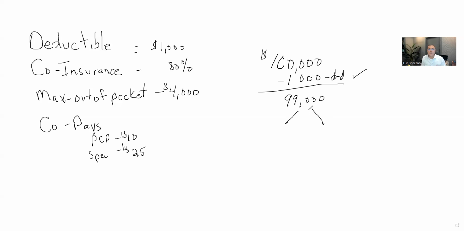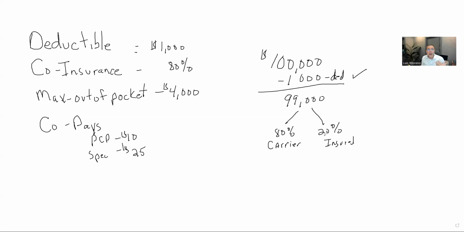Now you're going to go into number 2, which is the coinsurance. And these coinsurance values, or these percentages, are different with different plans. But in this example, it's an 80%, 20% plan. And what that means is that the carrier, the insurance company, will pay 80% of the bill. The insured is responsible for 20% of the bill.